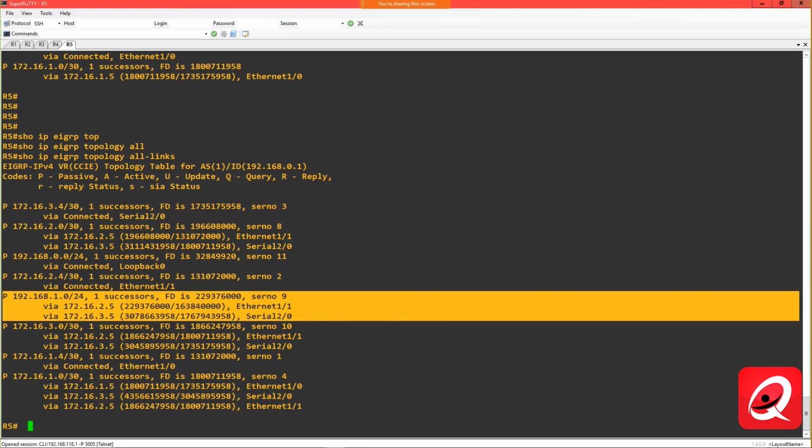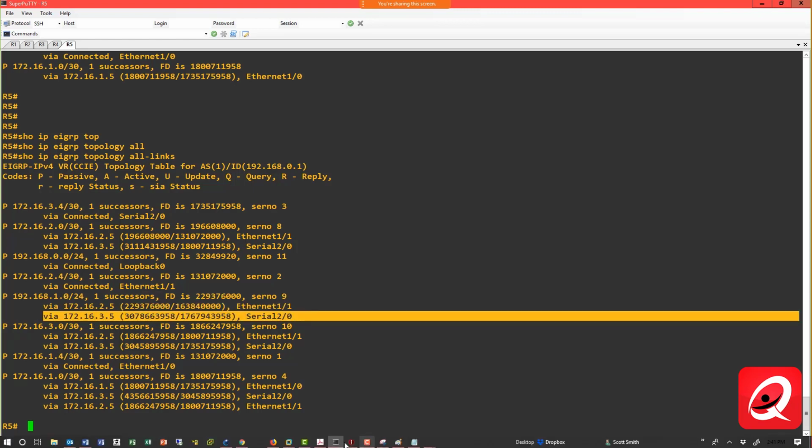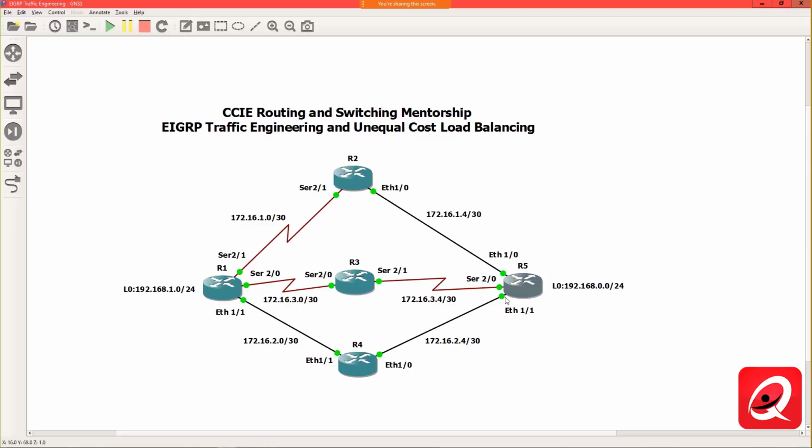But it also tells me something about this other path through 3.5, through the serial 2.0 interface. So we're talking about this interface right here. All right. Now what's interesting is that the serial 2.0 interface is showing up, but this other path going up to router 2 is not showing up. So that tells me that there's actually a misconfiguration.